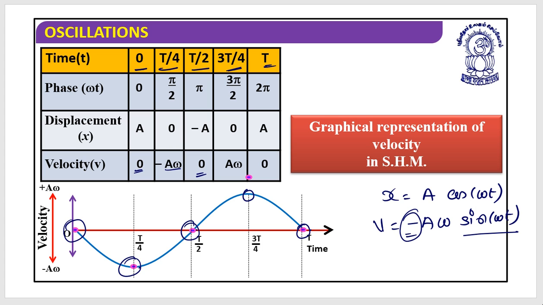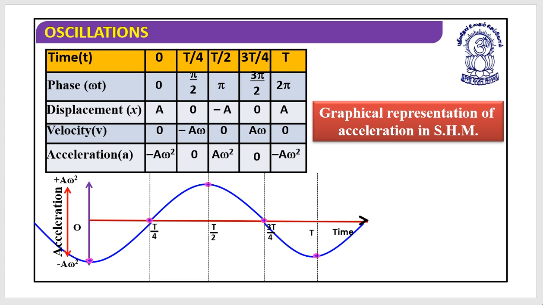Now let's plot the acceleration. The acceleration was minus a omega square cos omega t. Again, this is with minus. It's a curve of cos but with minus. That's why it has started from the extreme but negative extreme. So at t equals 0, it is minus a omega square.